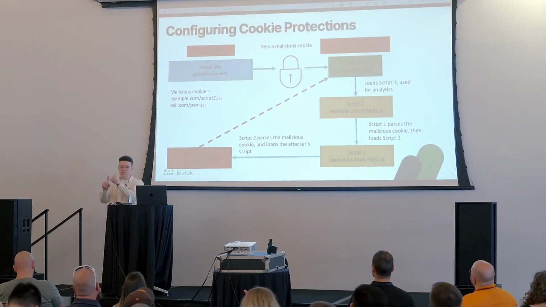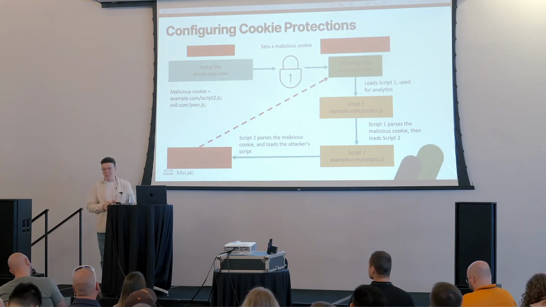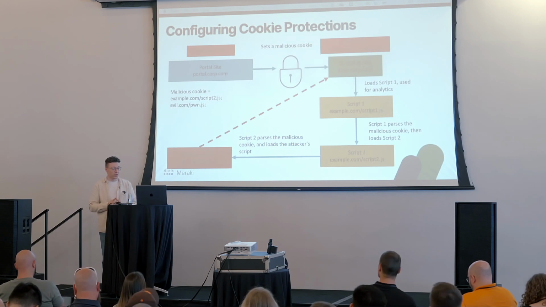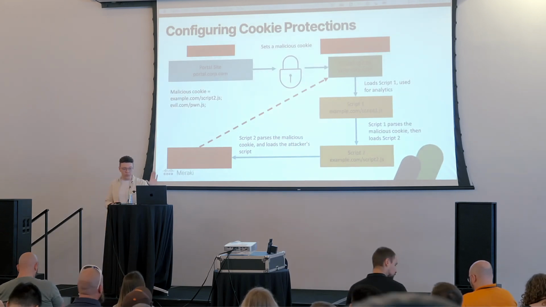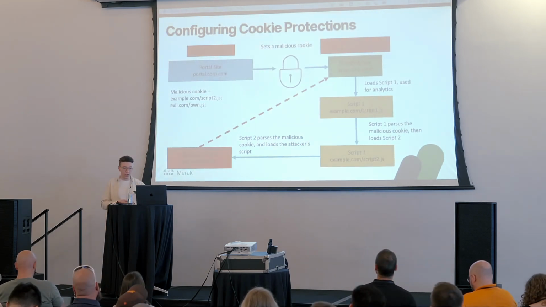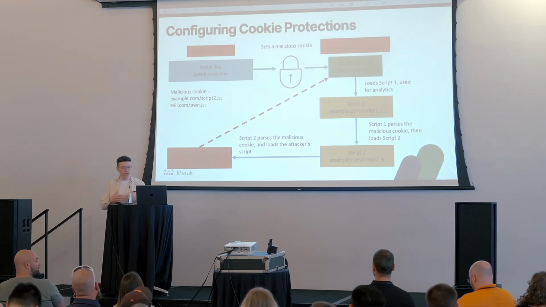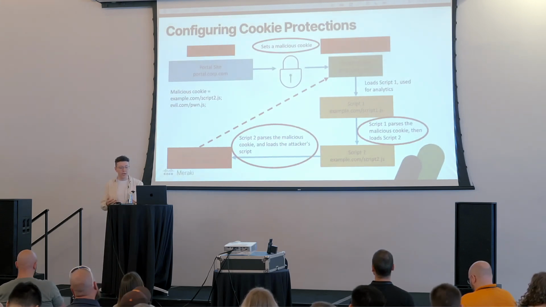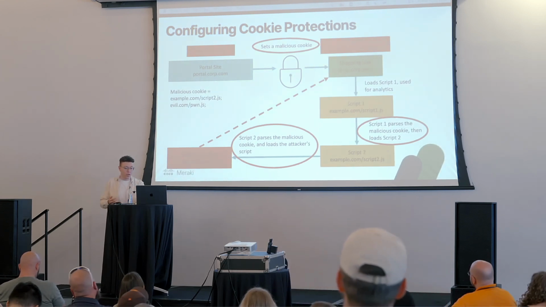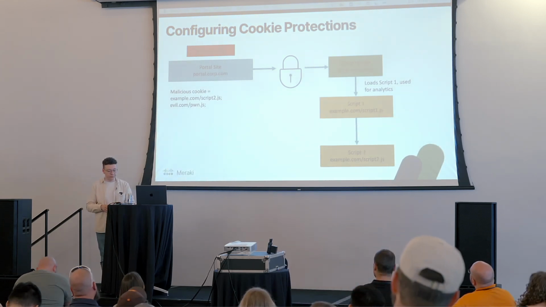If CSP cookies existed, and if we configured them, and if we did them correctly, then it would have blocked the cookie from being set in the initial vector, because the second part of the payload on the portal site where it set the cookie wouldn't have gone through, because we defined such a tight cookie scope. And so in that case, this would have prevented setting the cookie. Script 1 can't parse it, script 2 also can't parse it, and then evil.com won't make it on the page.